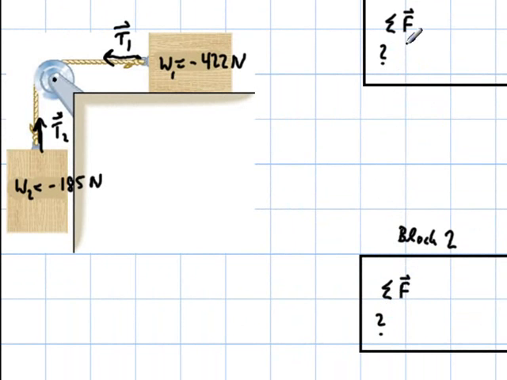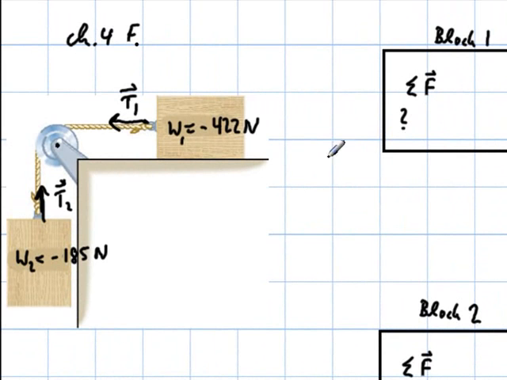We know what the weight is for block 1, so I could make a check mark there, but notice that the weight here is being pulled down, so for this block the normal force must equal the weight. So I put a check mark here for the weight and a check mark for the normal force. But the two are equal, so these two check marks for the normal force and the weight cancel out, they don't give us any more information.